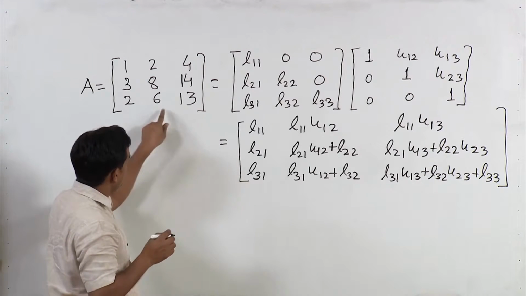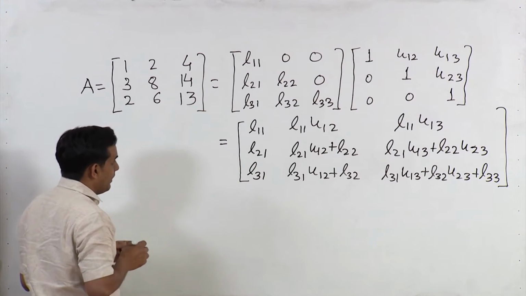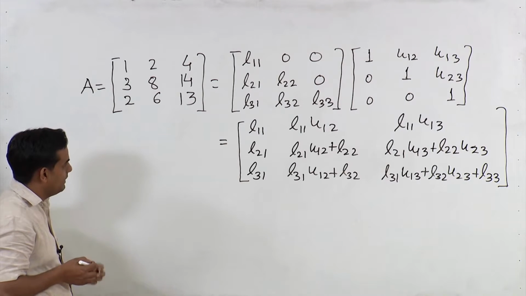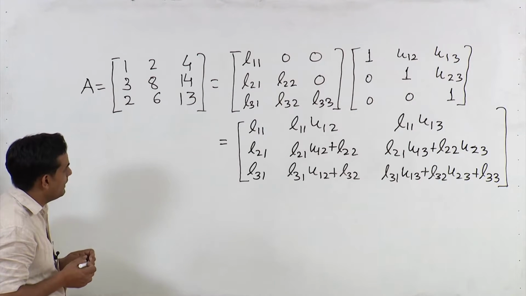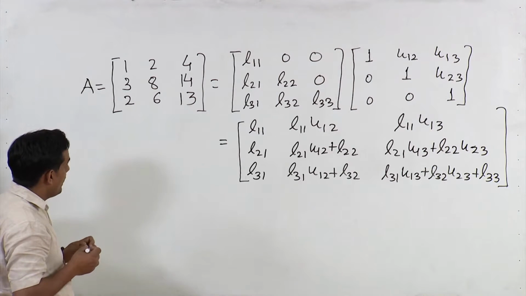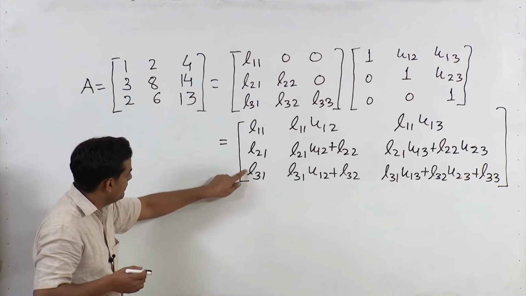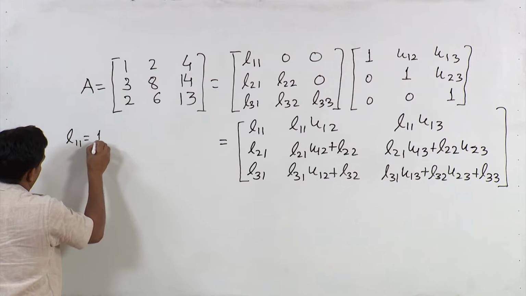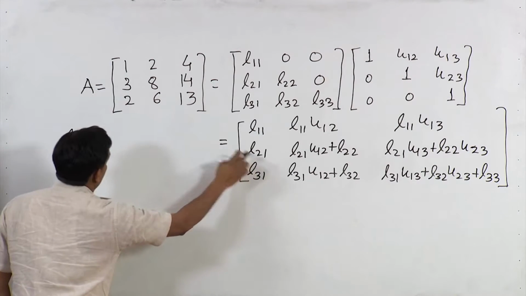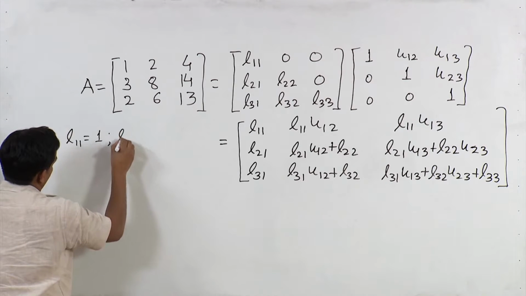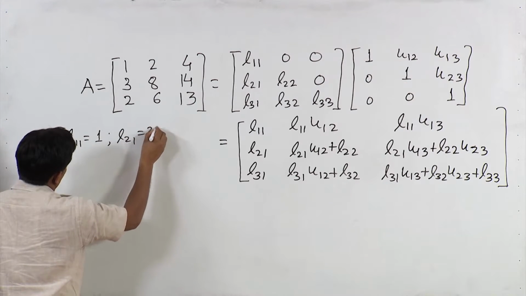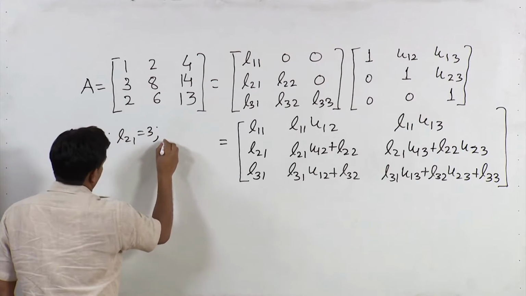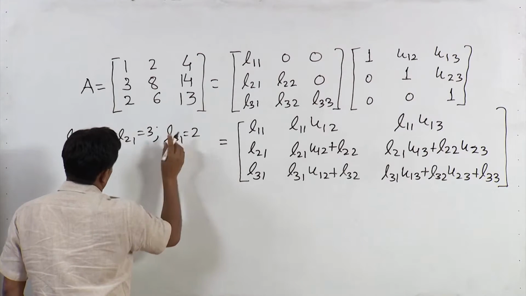Now comparing these two matrices, the comparison will be done based on the strategy I have earlier explained. Initially we will compare the elements of the first column. When I compare the elements of the first column of this matrix with this one, I will get L11 equals 1, L21 equals 3, and finally L31 equals 2.